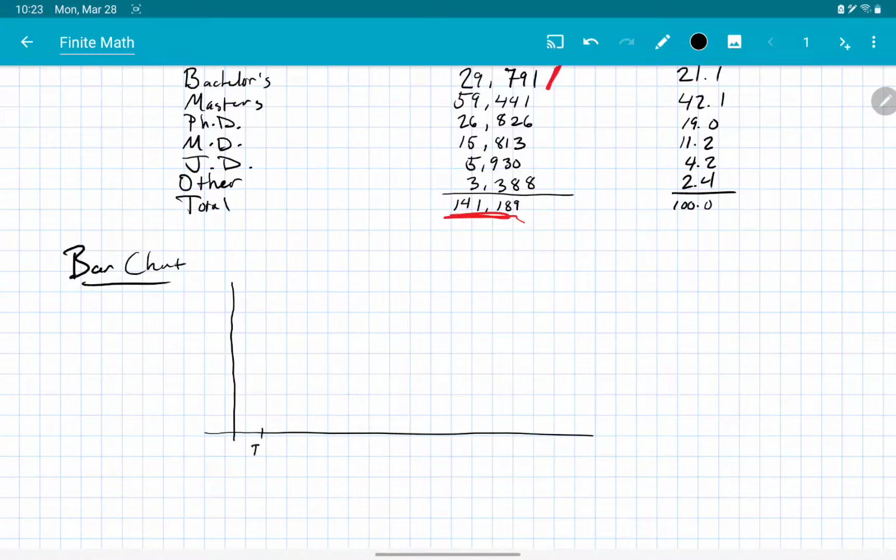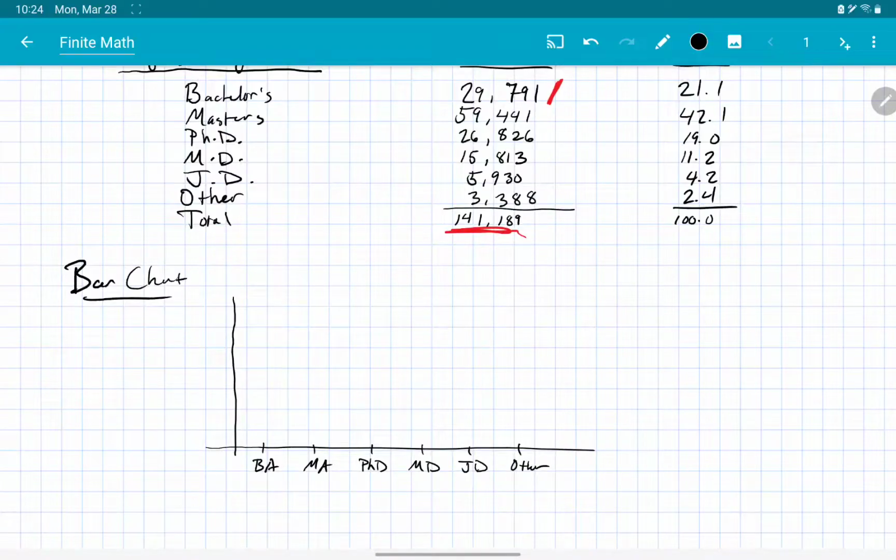So we'd have a BA category, MA category, PhD category, medical doctor category, doctor of jurisprudence category, and other. And then on this side, depending on how we want to show our data, here could be the total number, or it could be the percentage. We could choose either of those two ways to present our data. I think maybe let's do percentage over here.